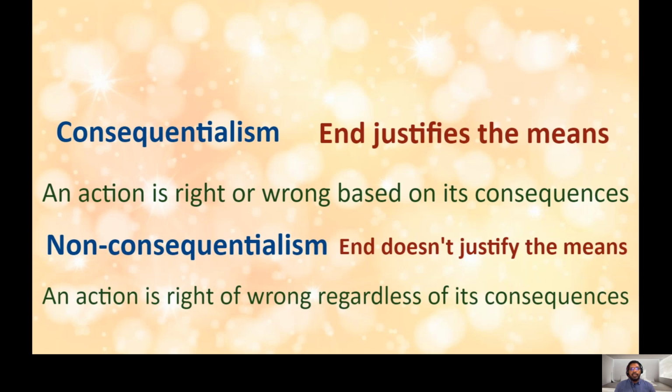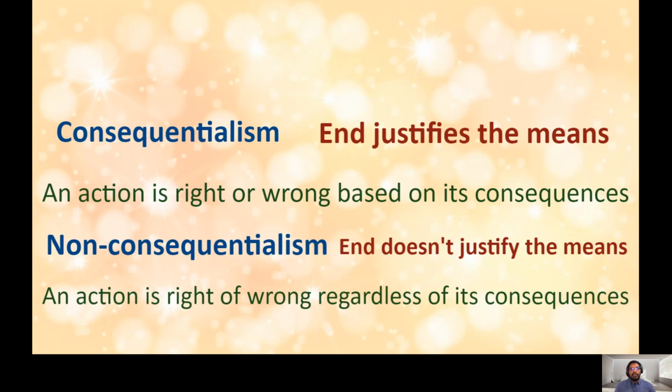The end here means the end result, the consequence. The means is the method by which you reach that consequence. What matters is the end result, the consequence. The means doesn't matter. In fact, even if the means are not so acceptable, they can be justified by the end result those means produce.